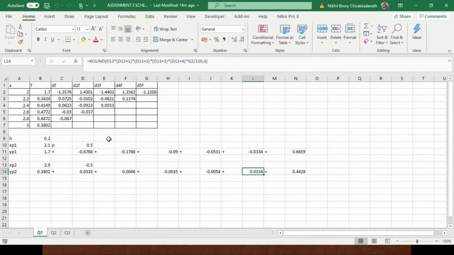So I can show you, this is a calculation I did using an Excel sheet. This is the forward difference table, and I use this last row to find f of 2.9, which means backward difference. Here this is forward difference 2.1.